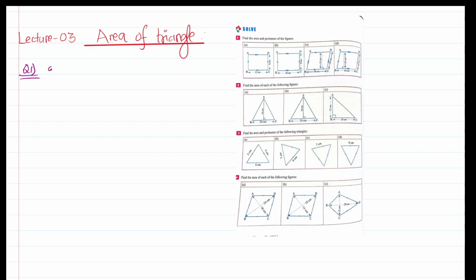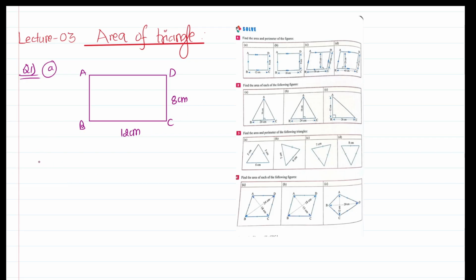So question number 1A, we have been given a rectangle ABCD, and BC has a length of 12 centimeter and CD has a length of 8 centimeter. That means 12 centimeter is length and 8 centimeter is breadth.